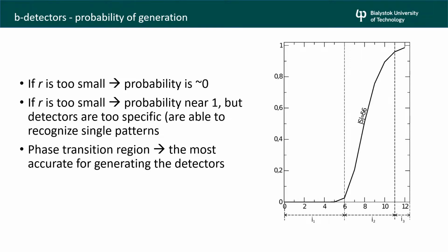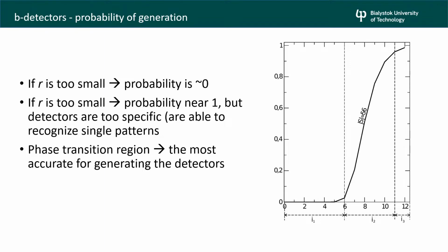Here we see the probability of generating detectors depending on the data length. It was used only for 20 bits length patterns. And you can see that it's not possible to generate more binary detectors.